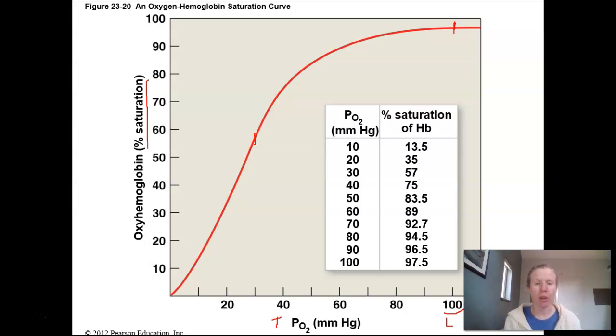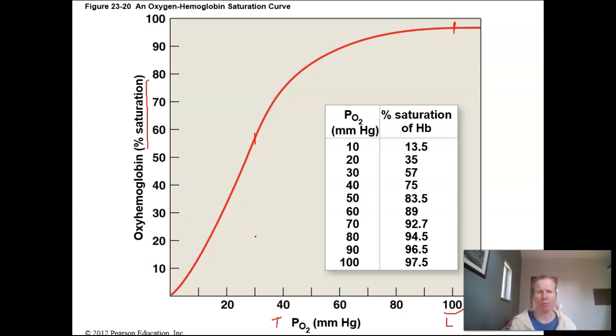So what this means is that in the areas of lower oxygen, we're actually going to be delivering oxygen, and places of higher oxygen is where we are going to bind oxygen. So we have this pretty steep slope on the oxygen hemoglobin dissociation curve or saturation curve, either way. And so what this tells us is that pretty small changes, right?